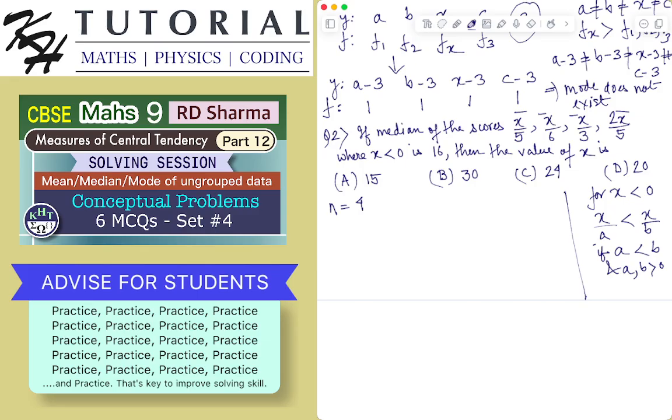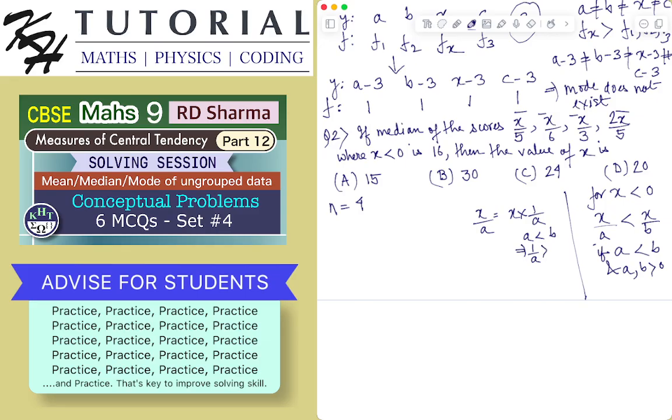Because x by a is nothing but x multiplied by 1 by a. Now, if a is less than b, where a and b are positive numbers, then their reciprocals, the inequality will get reversed.